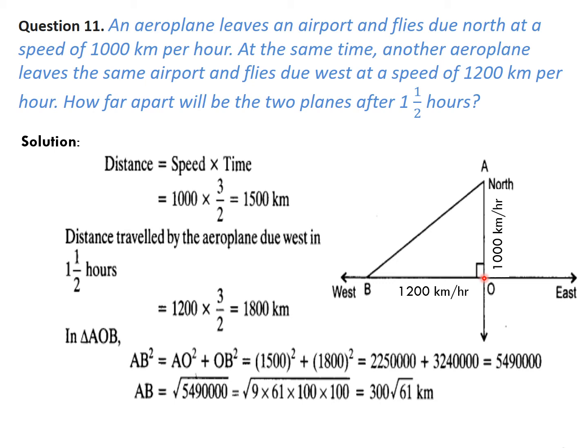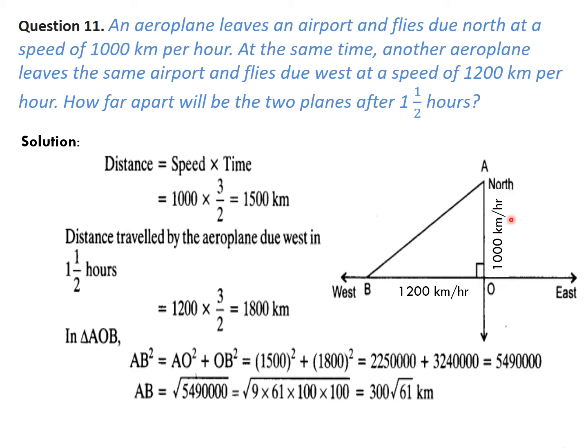Now, the first aeroplane leaves the airport towards the northern direction at 1000 km per hour. And at the same time, another aeroplane leaves the same airport and flies due west at a speed of 1200 km per hour. How far apart will be the two planes after 1.5 hours?